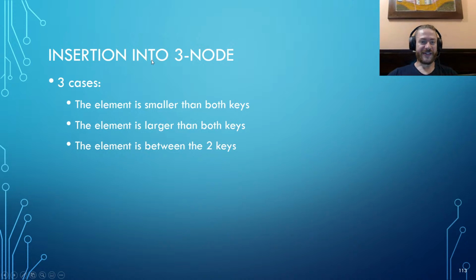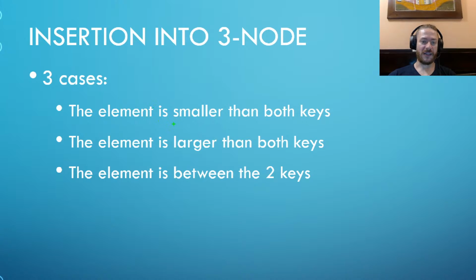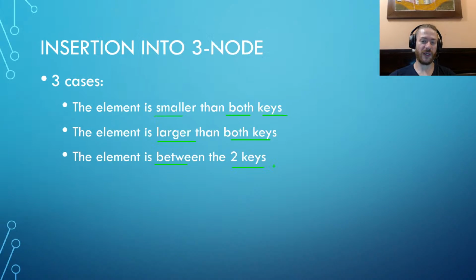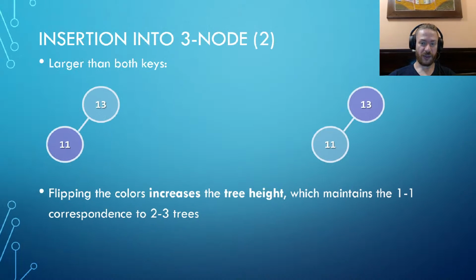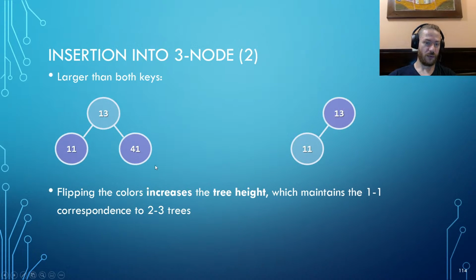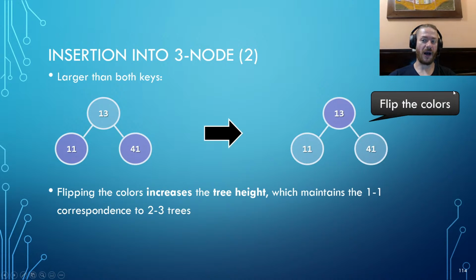When we need to insert something into a three node represented in a red-black tree, we have three cases. The element is smaller than both keys, the element is larger than both keys, and the element is between the two keys. So for larger than both keys, what we need to do is add the value, and then we flip the colors.